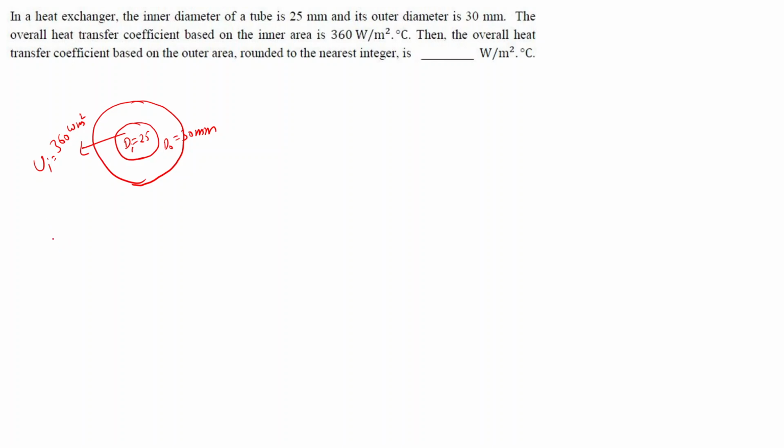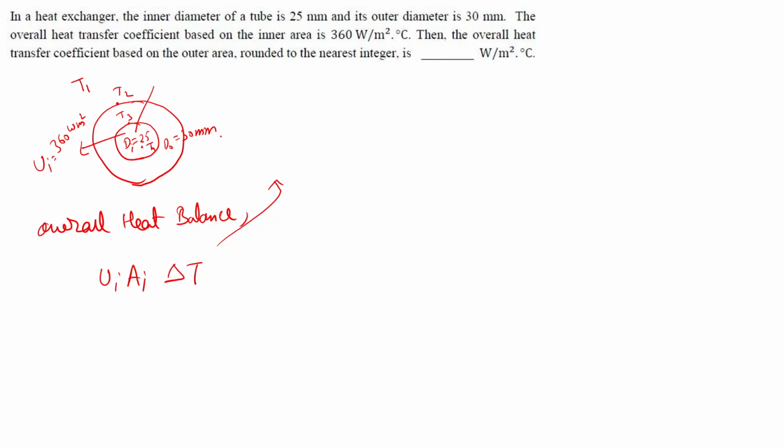Now if we write the overall heat balance across the heat exchanger, it is given as Ui Ai into delta T, where delta T will be, let's just consider if the ambient air temperature is T1, at the surface it is T2, at the surface it is T3, and here it is T4.